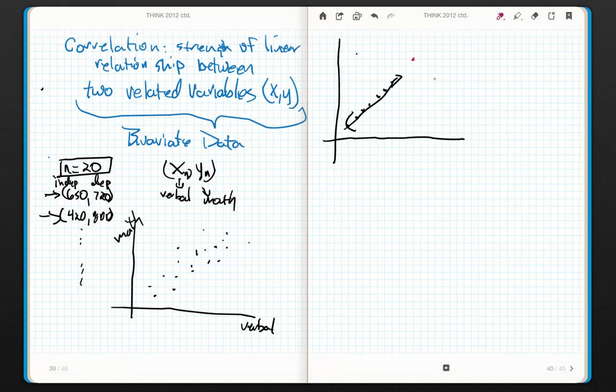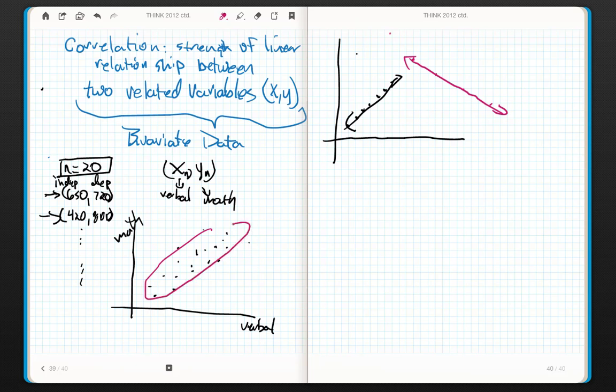If I had a point here and a point here, and a point here and a point here, I think that's perfectly linear, yeah, then that would have a perfect linear relationship. But this guy right here is just approximately linear. All right, there certainly appears to be a linear relationship between the x and the y variables. All right, but what we need is something that measures the strength of that linear relationship.